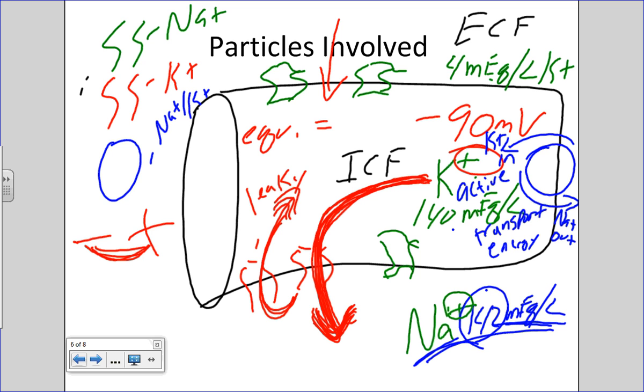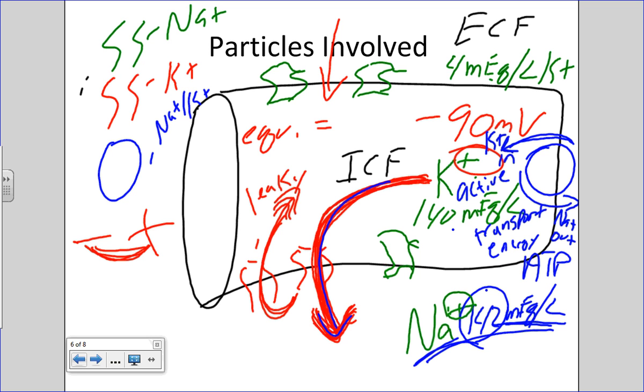This simple diffusion does not require energy; the energy is created just by the difference in the numbers. But since we're moving against the concentration gradients, that takes work, in the form of the expenditure of ATP.